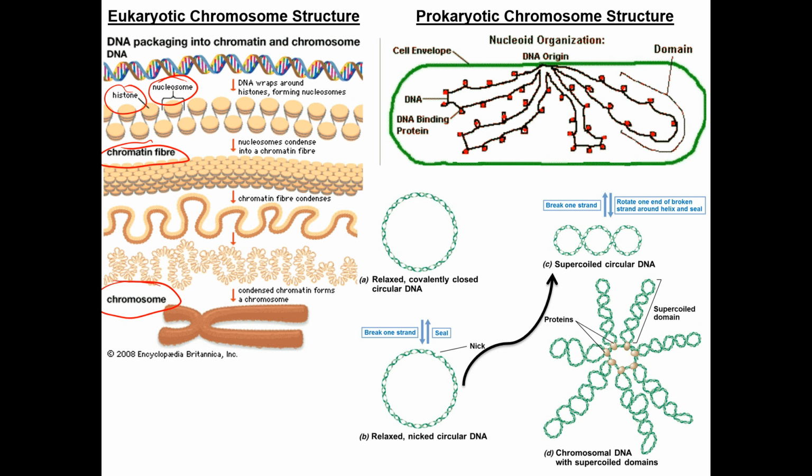Now, this bacterial chromosome can either be relaxed or it can be supercoiled. And it can become even more tightly supercoiled when it interacts with these DNA binding proteins.